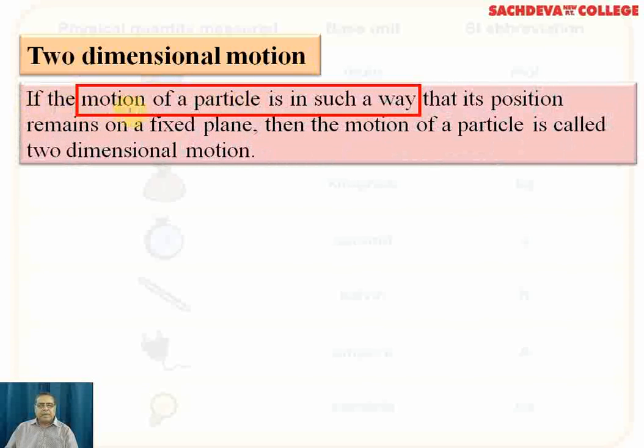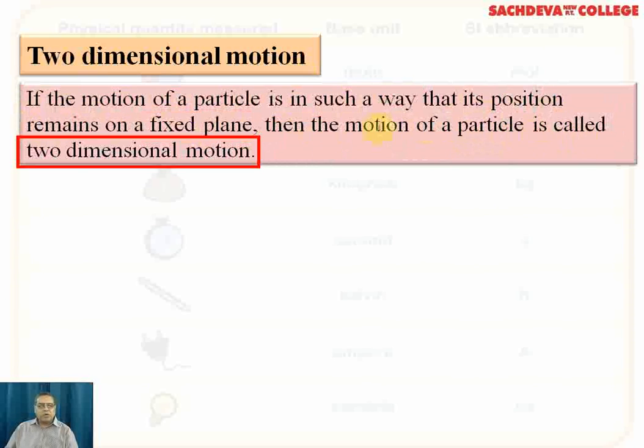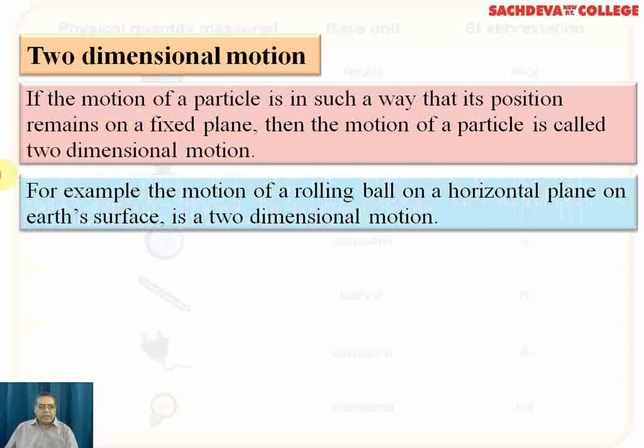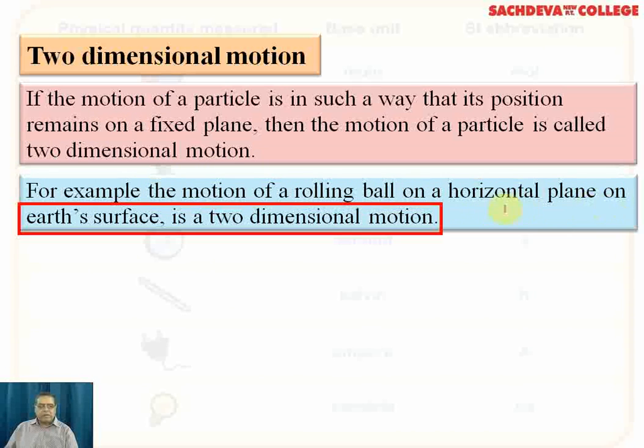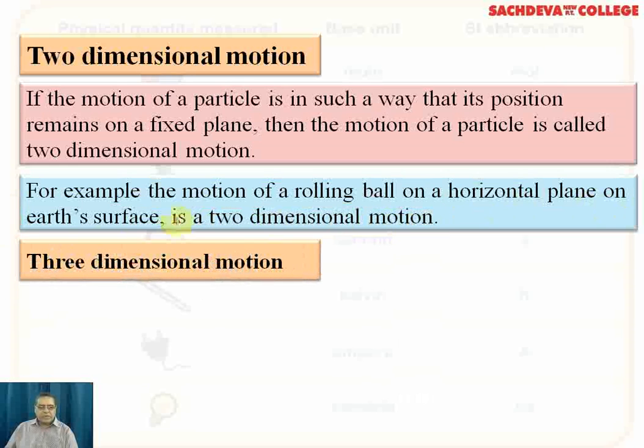If the motion of the particle is such that its position remains on a fixed plane, then the motion is called two-dimensional motion. Any particle in two dimensions must have two coordinates, x and y. For example, the motion of a rolling ball on a horizontal plane on Earth's surface is a two-dimensional motion.